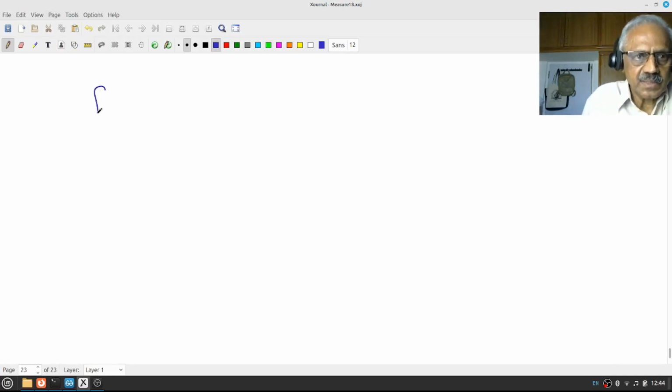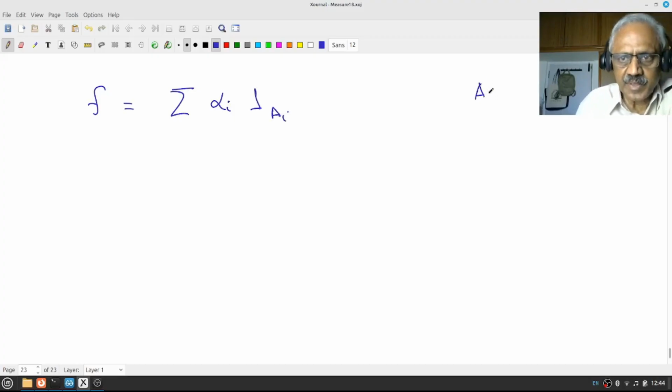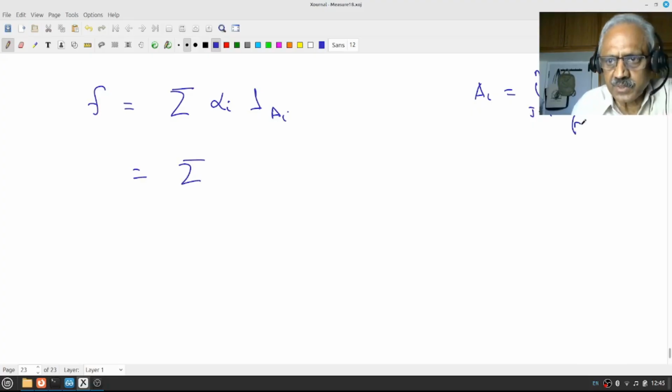Now what is f? f is equal to summation alpha_i of A_i. But remember, my A_i is the union of A_i intersection B_j over j equal to 1 to n. Again, it's pairwise disjoint.